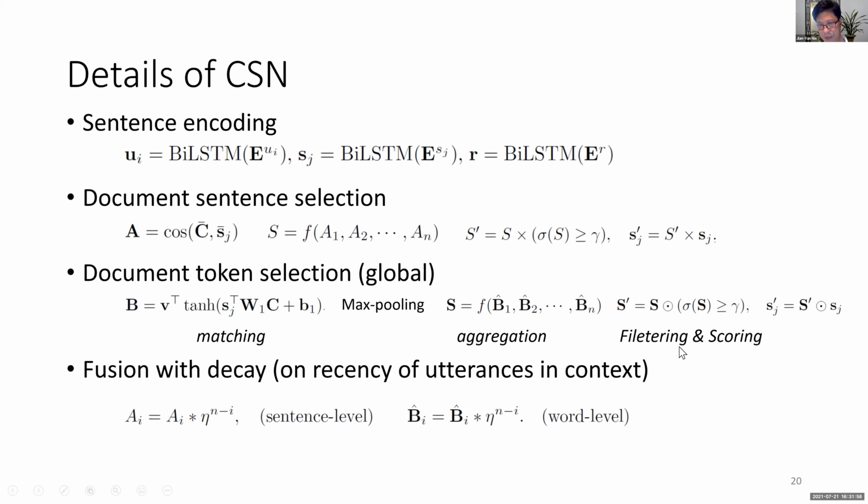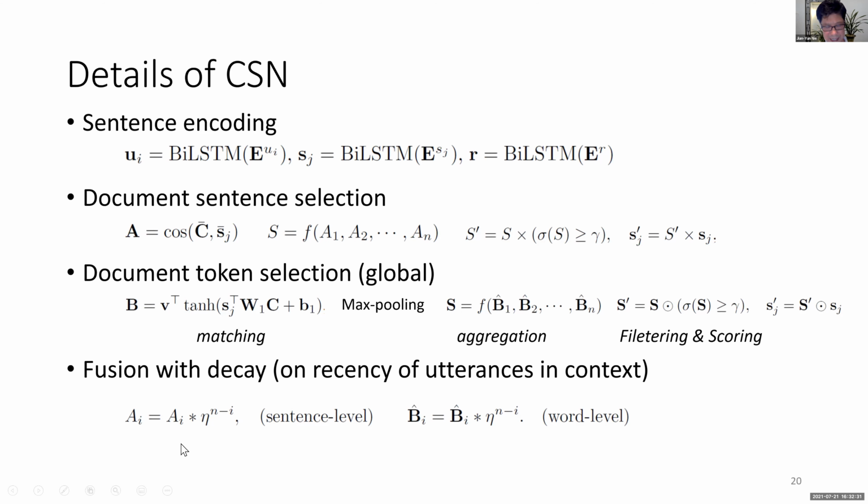What's different from the previous work is that we impose a threshold gamma to select the sentences or the tokens. If the similarity is not stronger than the threshold gamma, then the sentence or the token will not be selected. So this is indeed a filtering step, and then we produce a new score for different sentences or tokens.